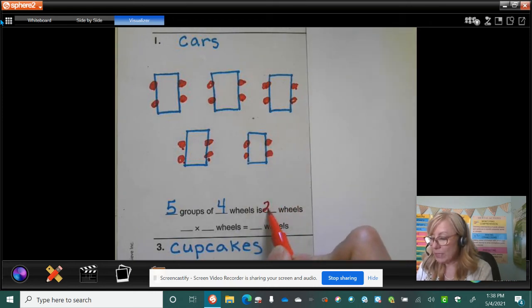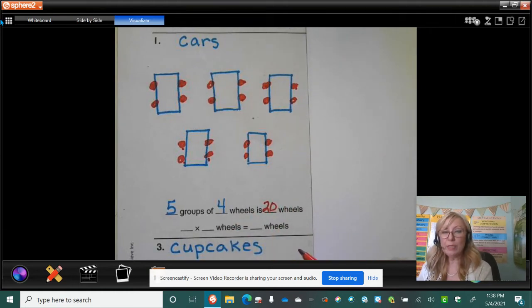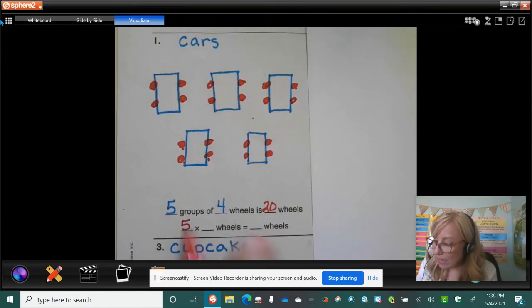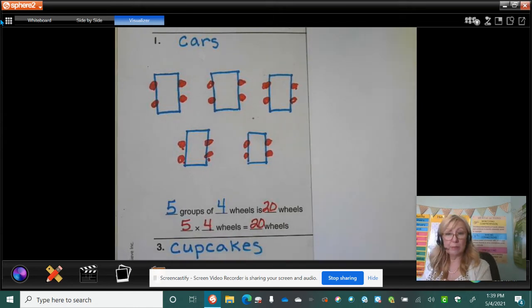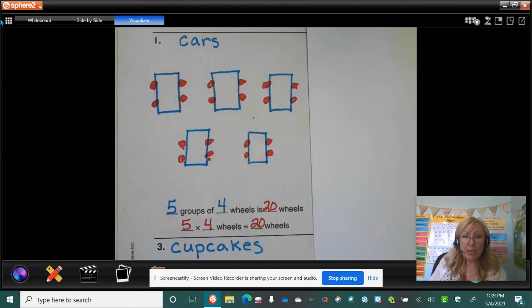We have 20 wheels. So 5 groups of 4 wheels is 20 wheels. We can make a multiplication problem out of this. 5 times 4 equals 20 wheels. Remember, multiplication is taking objects in groups and multiplying those two numbers.